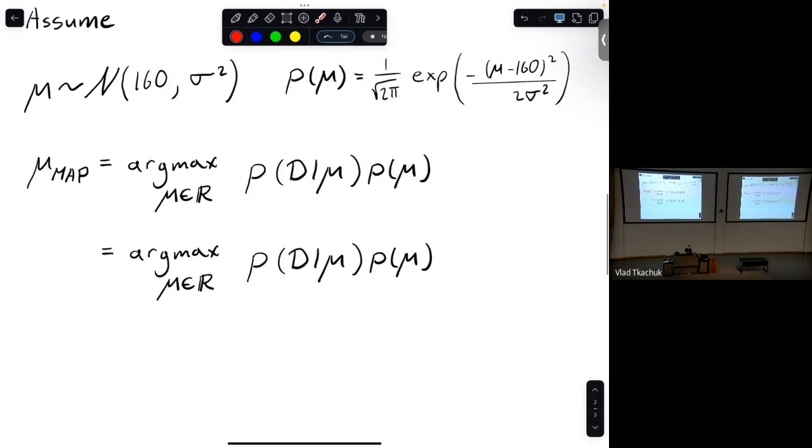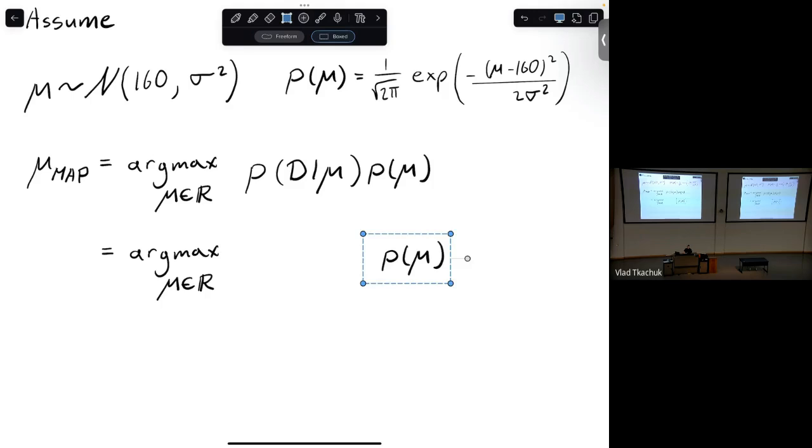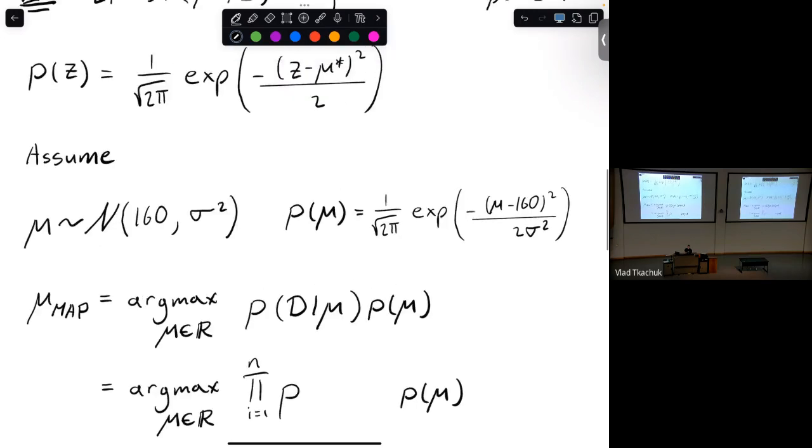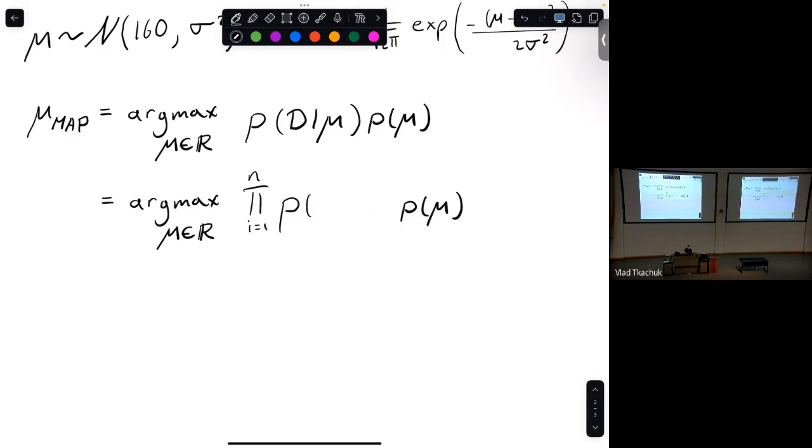And you can rewrite this thing as a product over the data points of the same PDF for each Z. So it's the product i equals 1 to n of P of Zi conditioned on the corresponding mu, right?